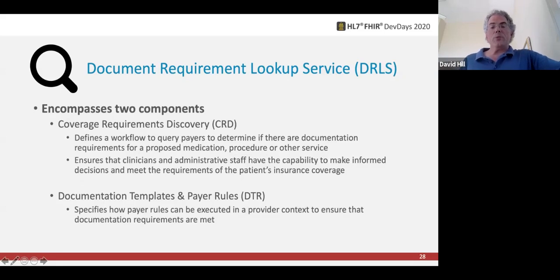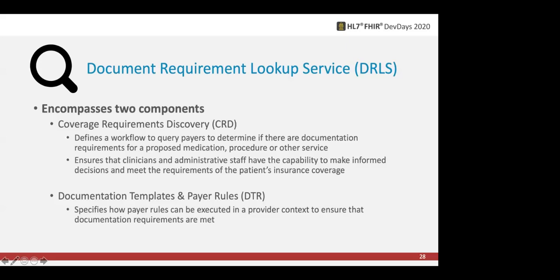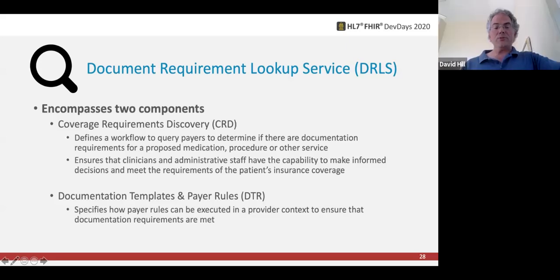This helps inform the clinicians to make the best decisions and meet the requirements of the patient's coverage. The second piece is documentation templates and payer rules. This allows the provider to find out what documentation needs to be provided so that the prior authorization can be successfully submitted the first time.